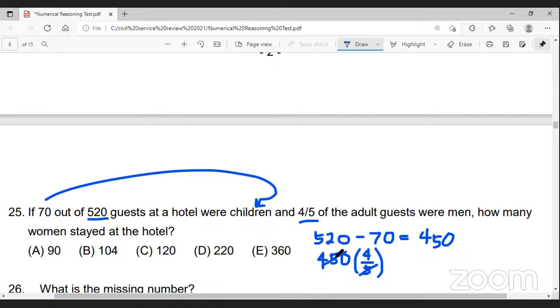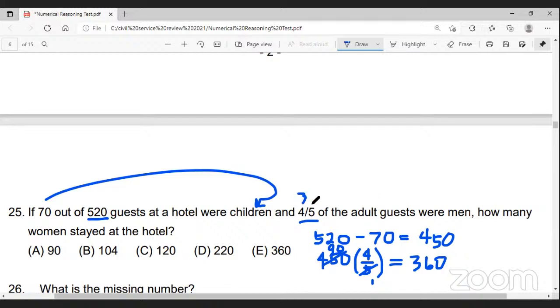Cancel out 1. That is 90. Agree? 45 divided by 5, 9, 0. 90 times 4. That is 360 men.